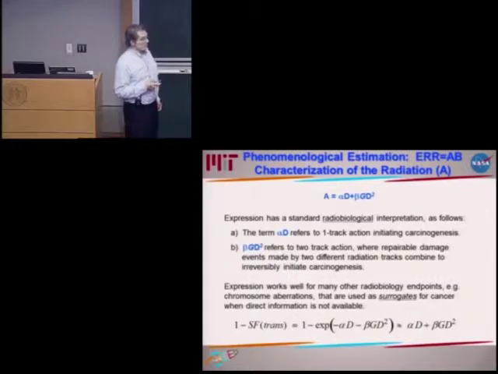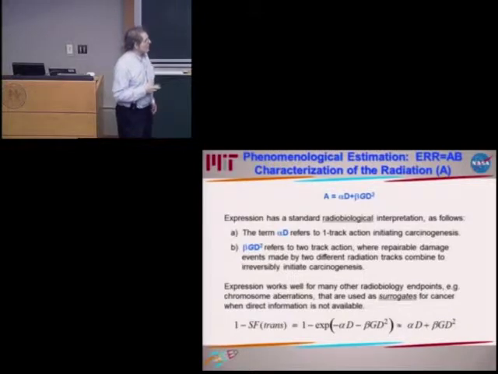So, as for the form of A, which is a radiogenic term, maybe you won't be surprised to see that this alpha D plus beta G D squared surfaces again. The logic being somewhat similar. The term alpha D refers to one-track action initiating carcinogenesis, and the beta G D squared refers to the possibility of two-track interactions affecting the rate of carcinogenesis.